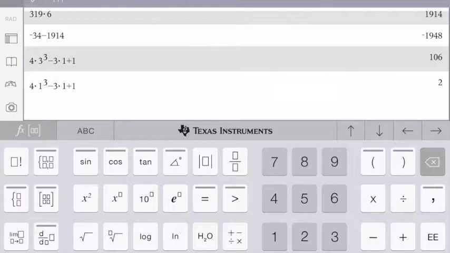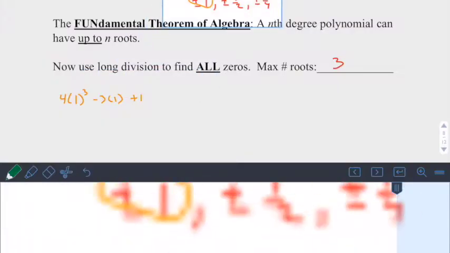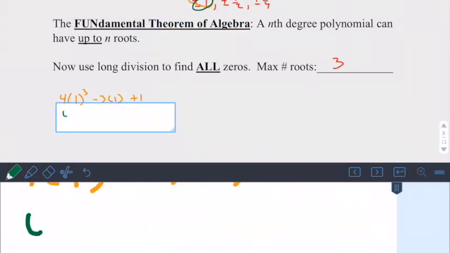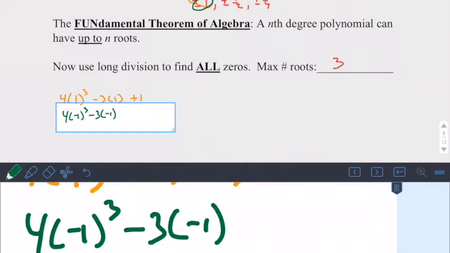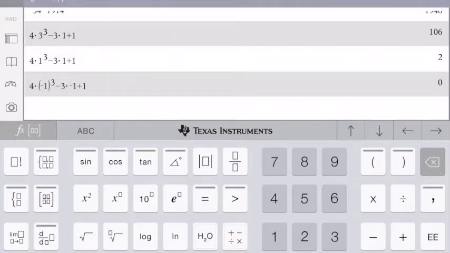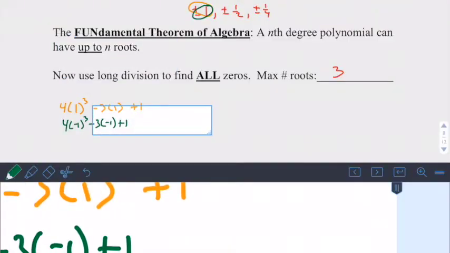Well, that did not give me 0, so it's not a root. So 1 wasn't a root. Let's try negative 1 now. Same thing, I'm going to plug in negative 1. Now when I plug in negative 1, it does work, so negative 1's a root.